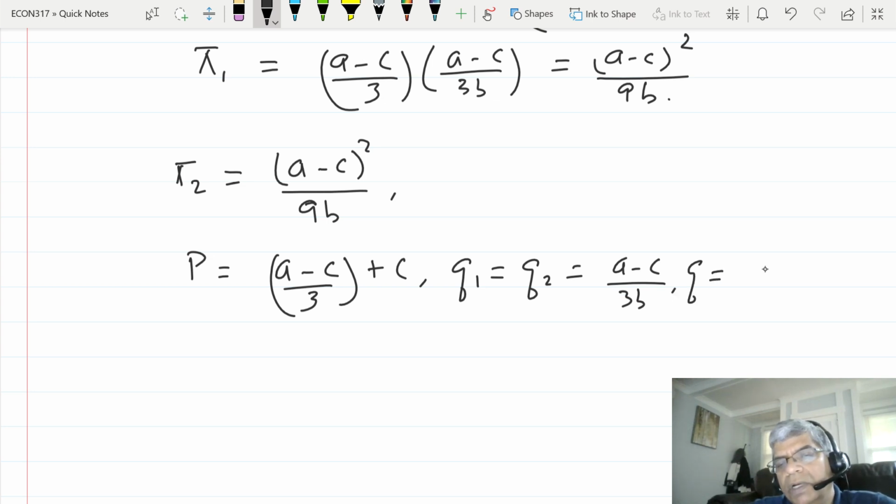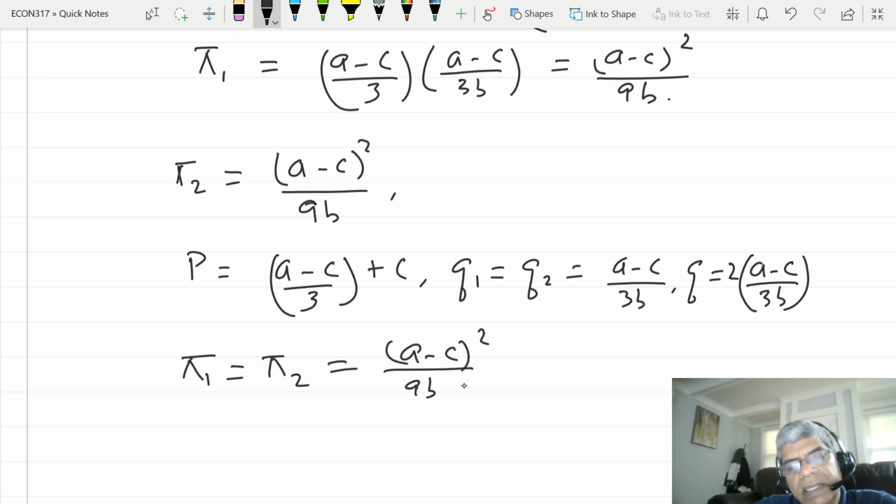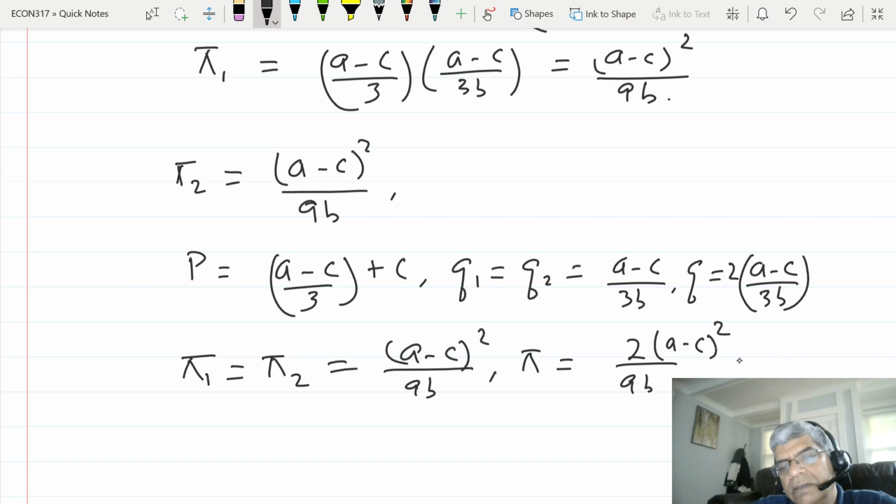So aggregate quantity is (A minus C) over 3B times 2, and then profit for each firm is (A minus C) whole square over 9B. The industry profit is 2 over 9B times (A minus C) whole square.